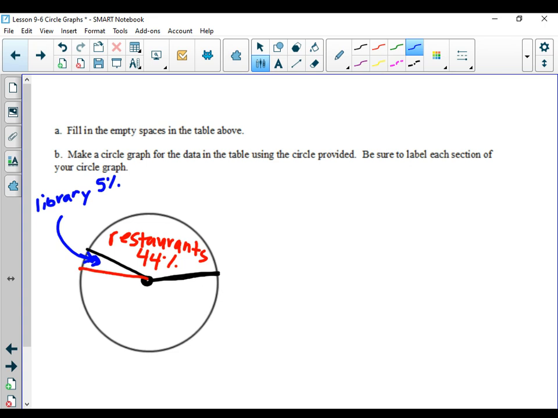And then you basically keep spinning your paper. Auto shop needs 67.5 degrees. Keep spinning your paper. How much does it need? 67.5? 68 about?